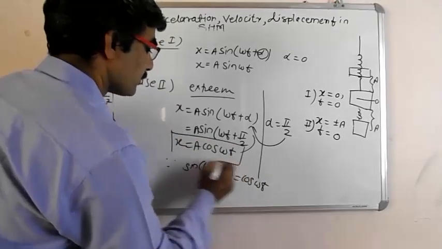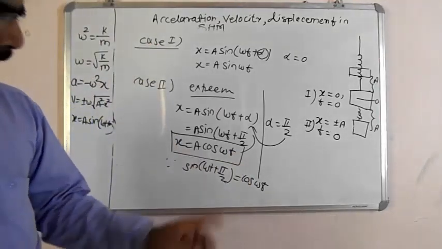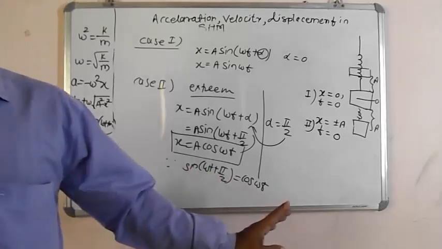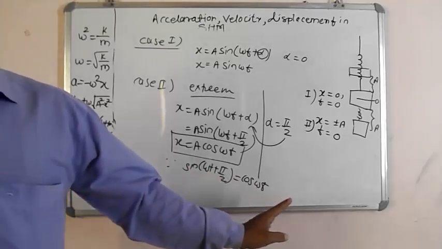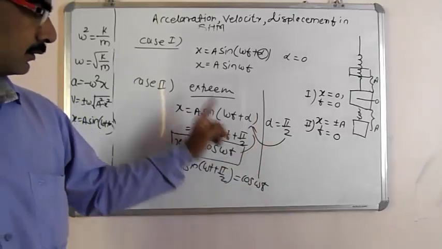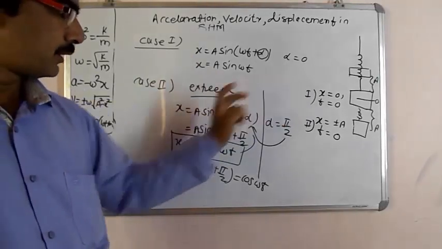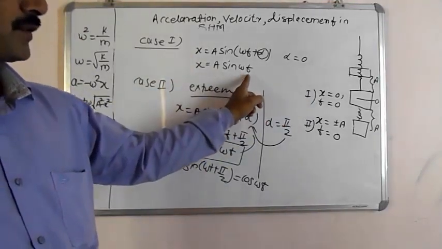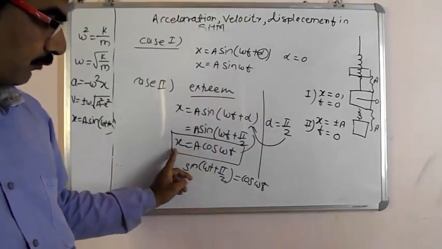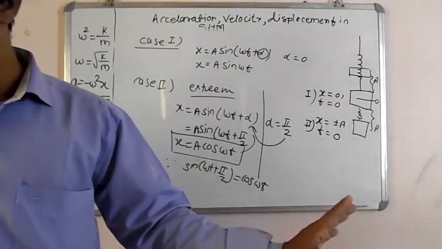This is our equation for displacement when the particle starts from extreme position. And in general, when the particle starts from mean position, the equation is a sine omega t. From extreme position, we have to use the equation x equal to a cos omega t.